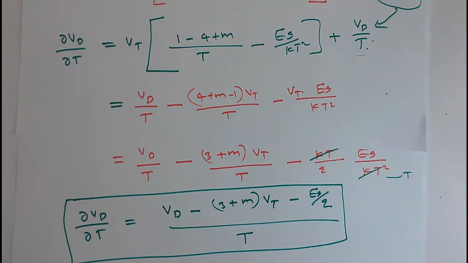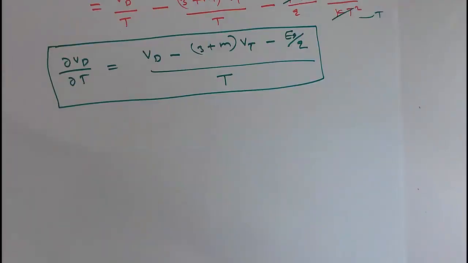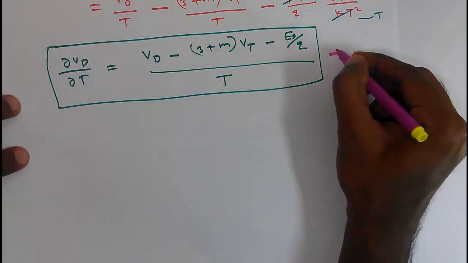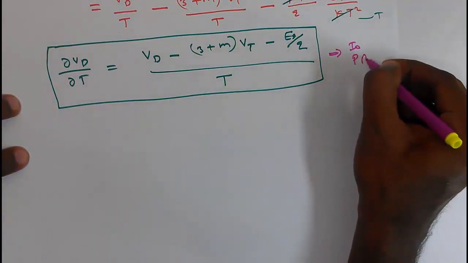Now let us compare these two expressions and see how much is the effect of that PTAT current and how much it is affecting our CTAT. So by considering I0 as a PTAT, we got this expression.